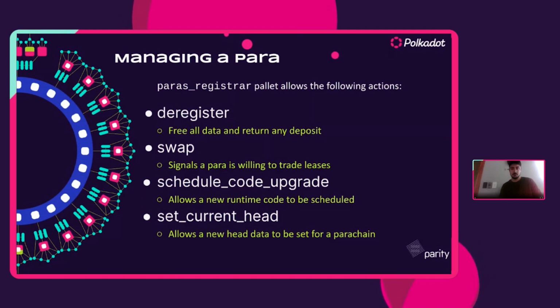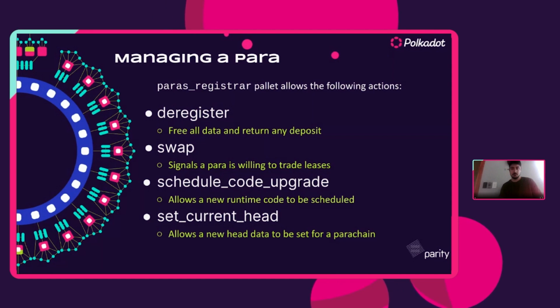Just going quickly over them, deregister will free all the relevant information for this parachain, all the stored information in the relay chain for this parachain, and then continue freeing and giving back any deposit related to this para. Swap: you notice that a certain parachain is willing to swap leases and crowdloan information with another parachain.